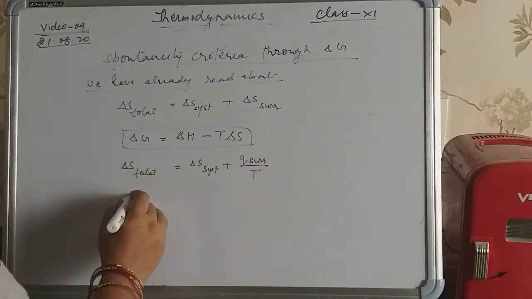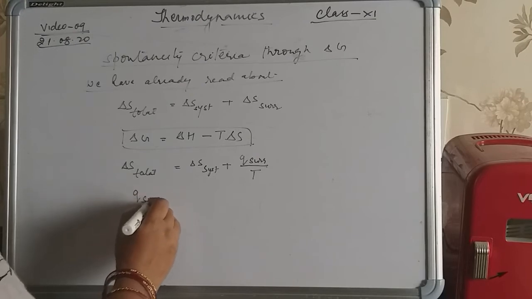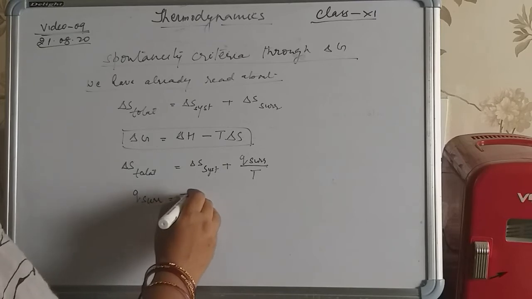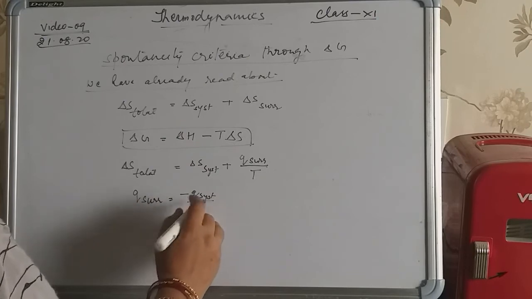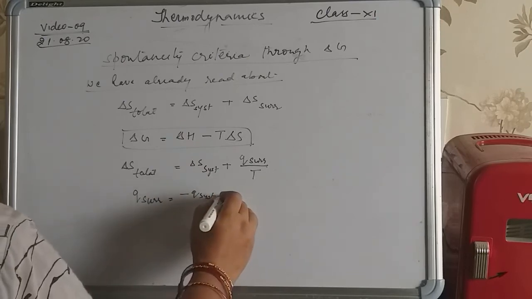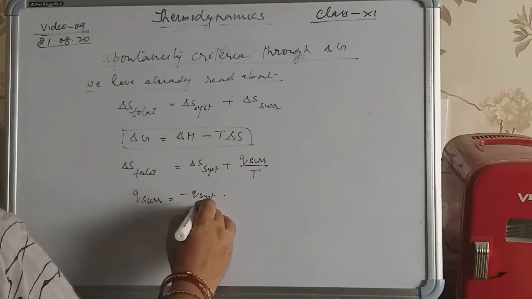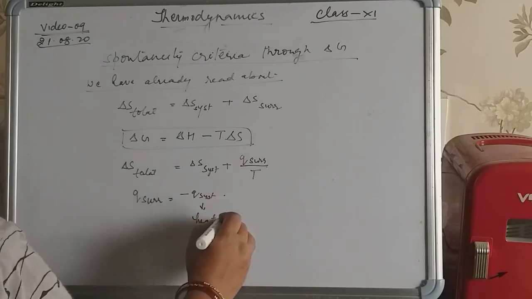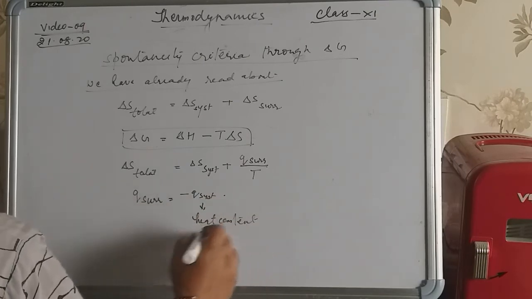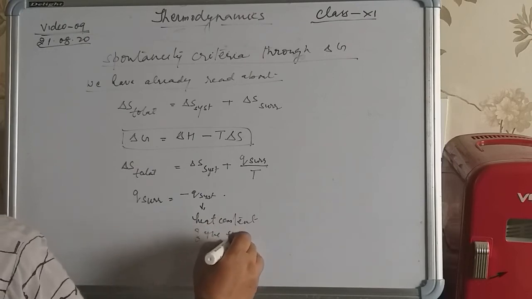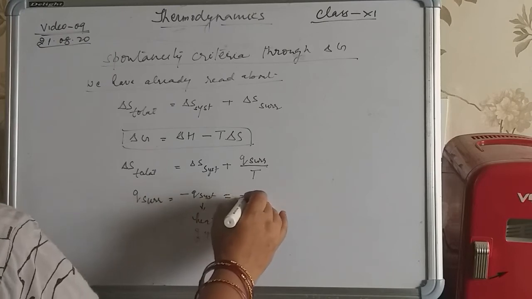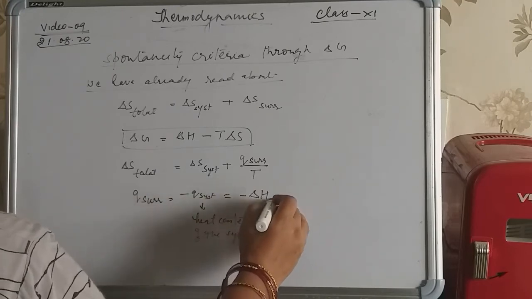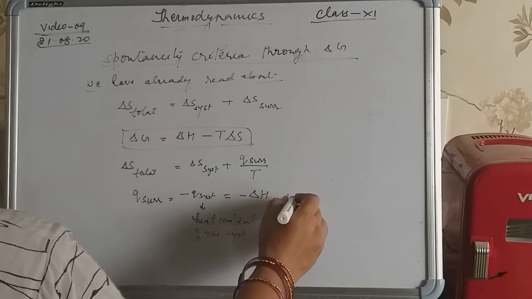We know that Q surroundings equals minus Q system, and Q system is the heat content of the system, which equals change in enthalpy of the system.